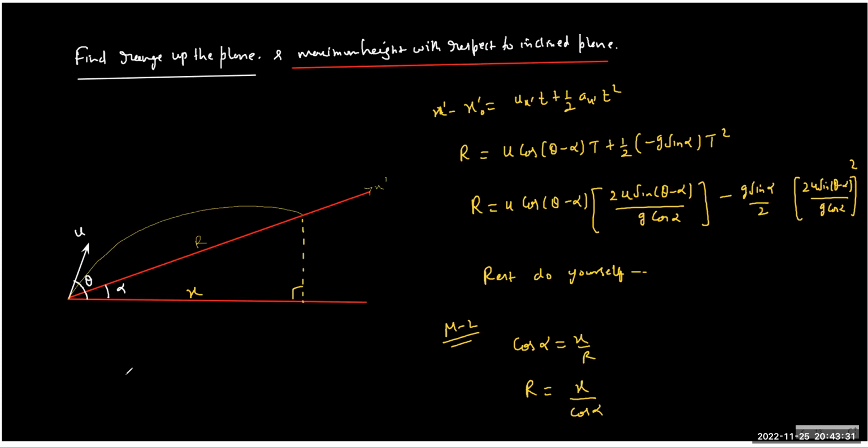How to find x in the same time? X equals to? What will be the formula for the x? Tell me, guys. In any projectile motion, how to find the horizontal displacement? U cos theta t. That's it. We are done.